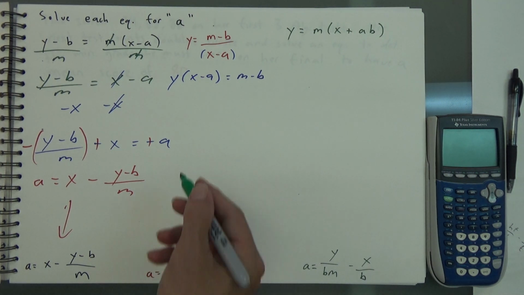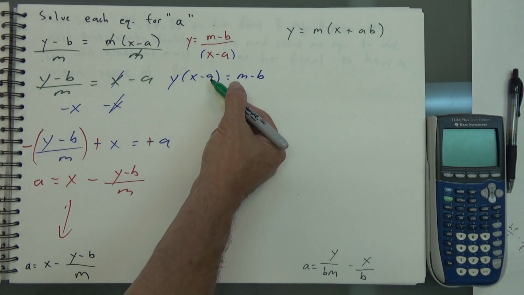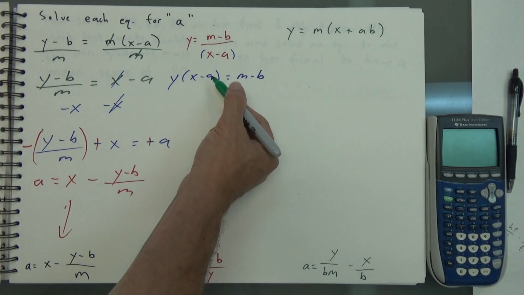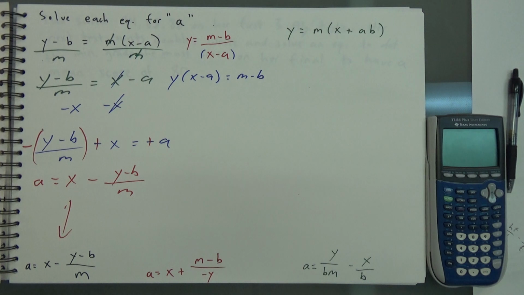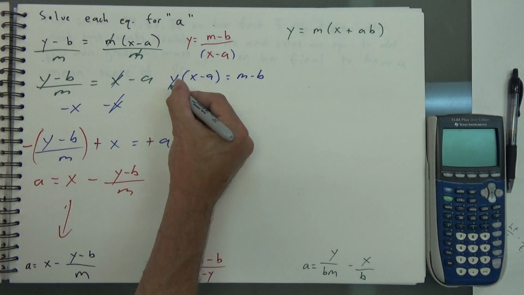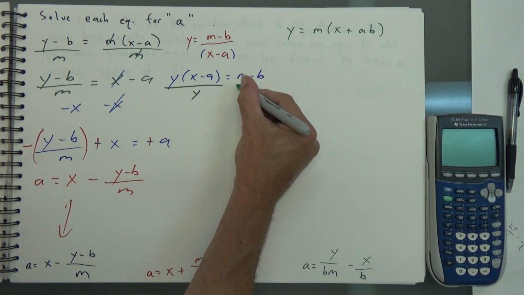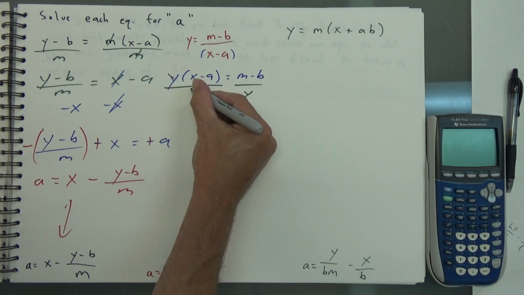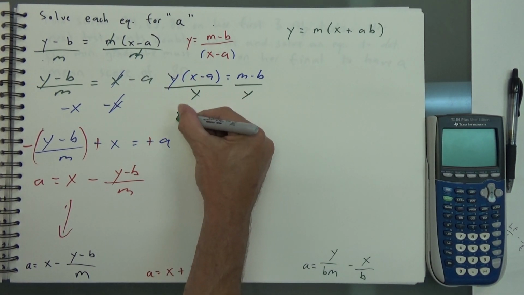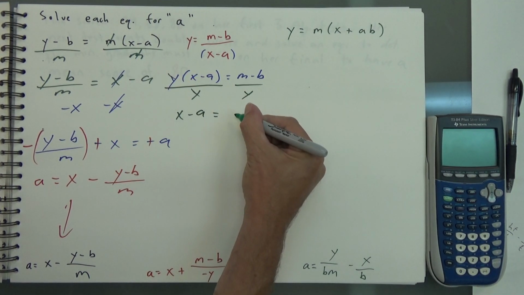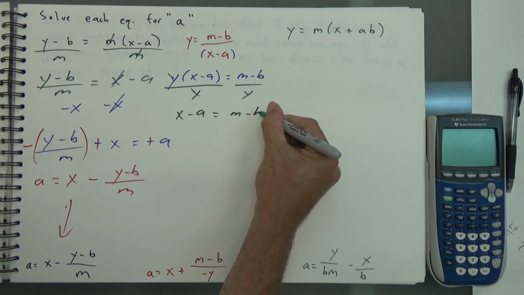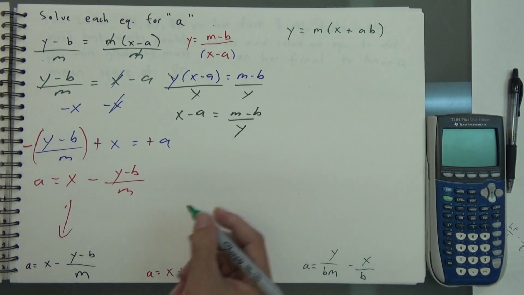So this is a, so I want that by itself. You could distribute, but I think it's probably easier if I just divide through by y. They cancel here. I get x minus a equals m minus b over y.